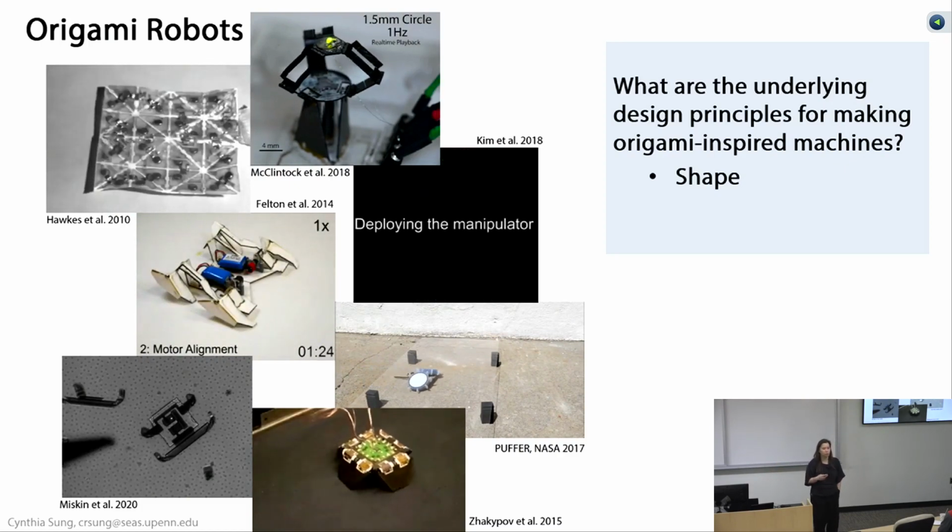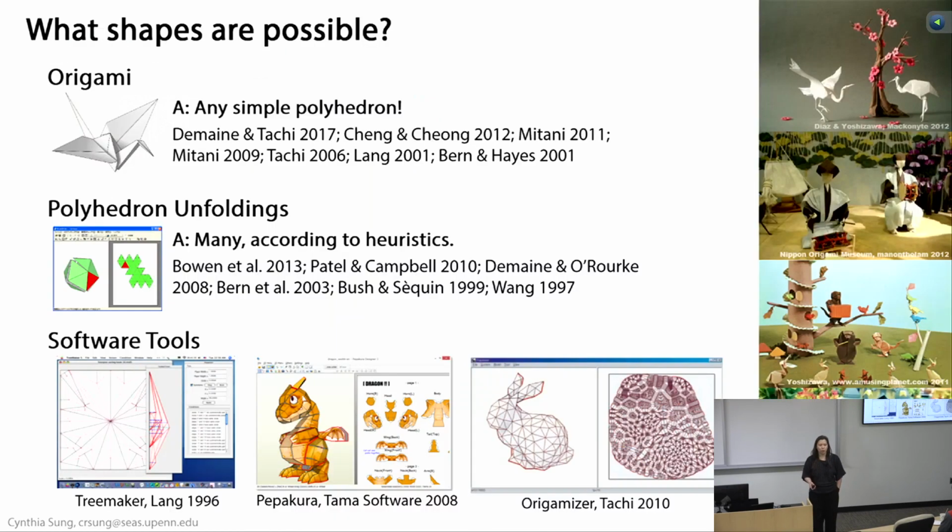How do we create different types of 3D shapes? And what we now know in this space is that if you take any polyhedron, so any simple polyhedral mesh, then there are algorithms that will automatically generate the fold pattern for these shapes. And so we know that these algorithms will generate the desired mesh and that they exist.